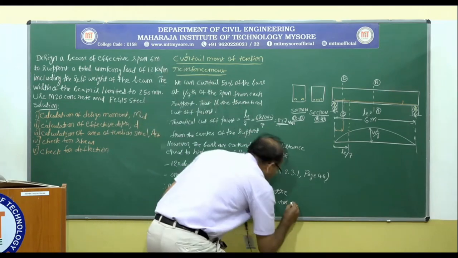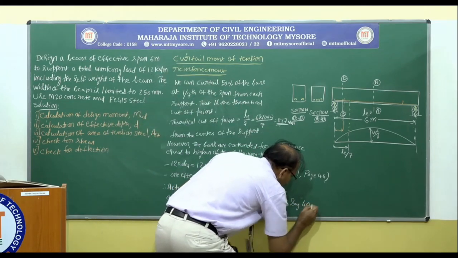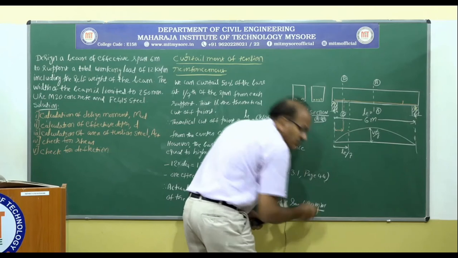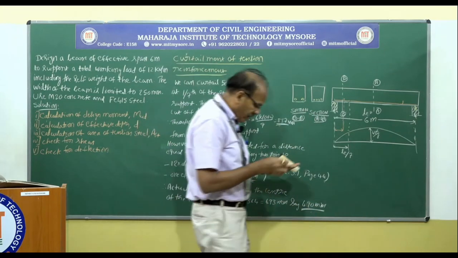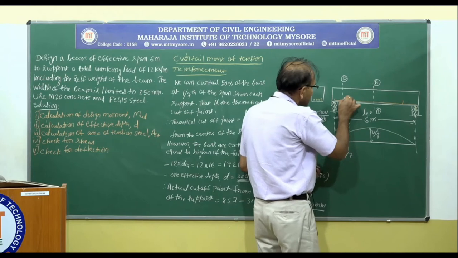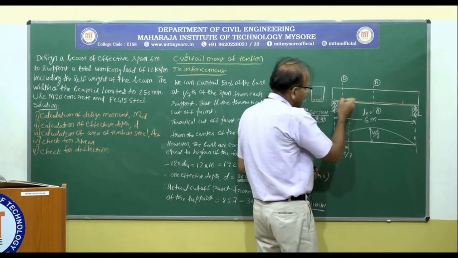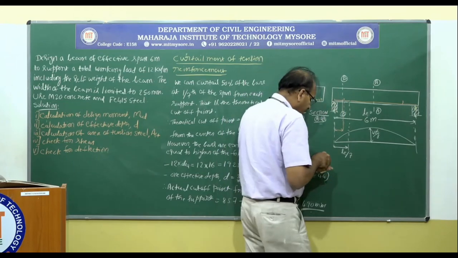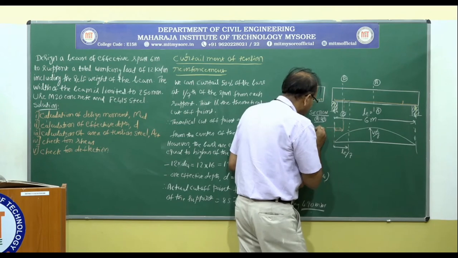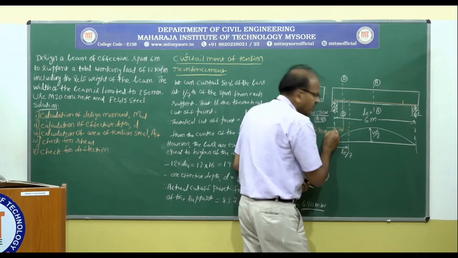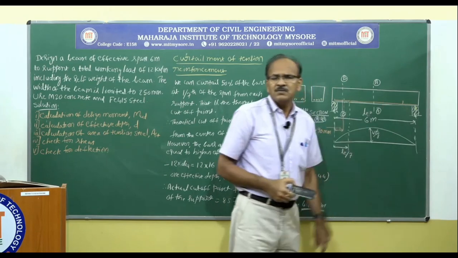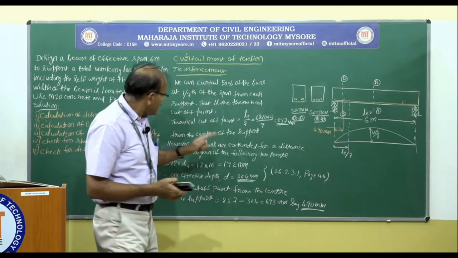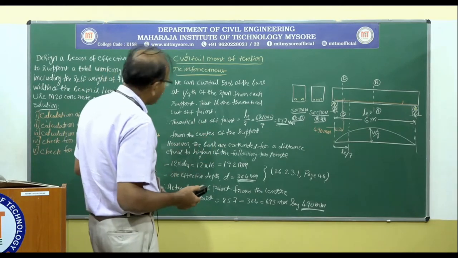Okay, say 490 millimeter. What it means? So we can cut the bar such that this distance, the actual cutoff point from the center of the support is 490 millimeter on both sides. Is it clear to you? So this completes this step, calculation of area of tension steel AST.